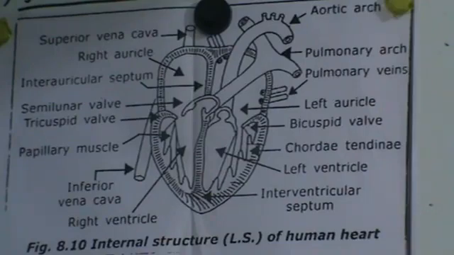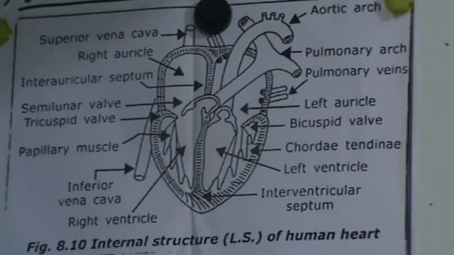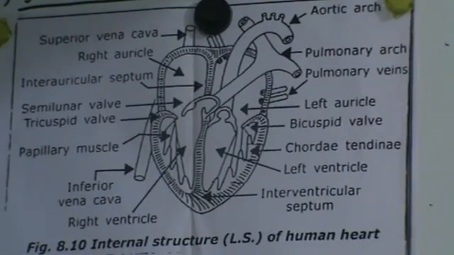That is your opening of your superior and inferior vena cava into the right auricle, right? So the right auricle receives deoxygenated blood through the sino-auricular aperture from the anterior and the posterior parts of the body through the superior and the inferior vena cava, right?